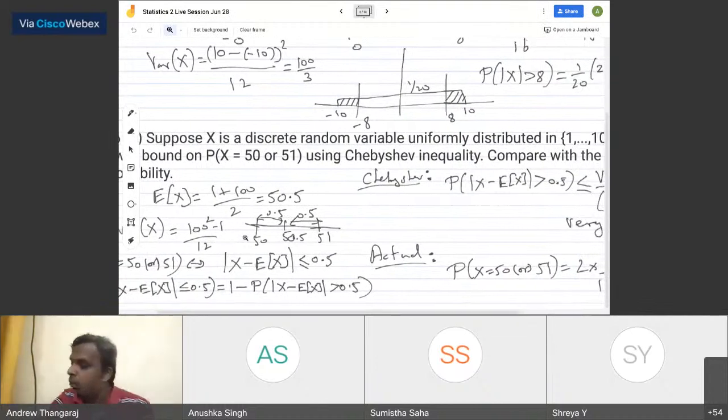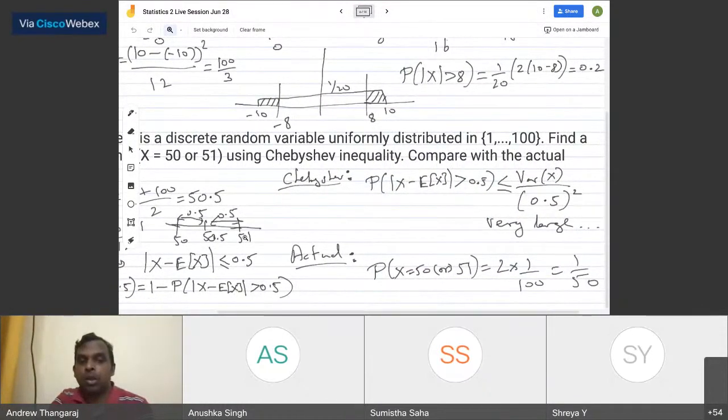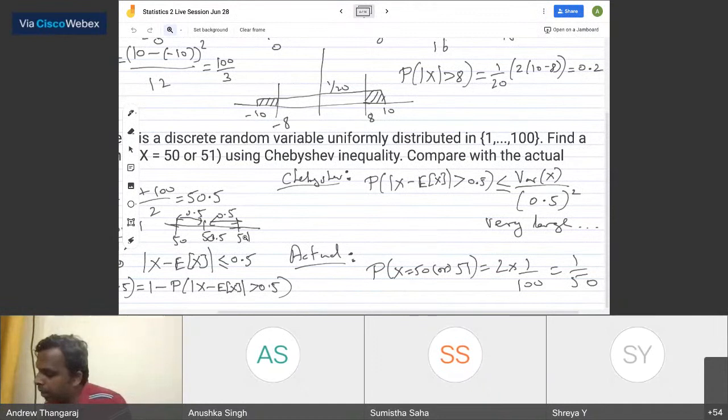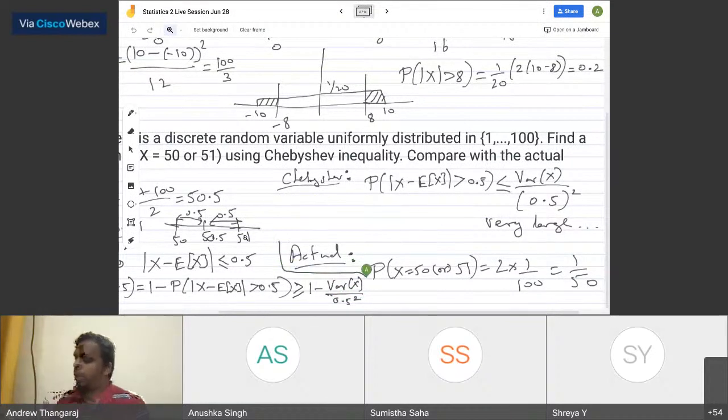Let me write it out fully for you. It turns out this will be greater than or equal to 1 minus variance of X by 0.5 squared. This is the actual way to get the lower bound.